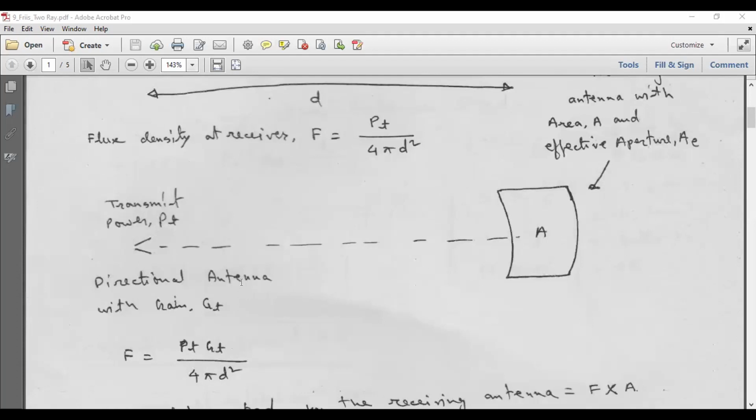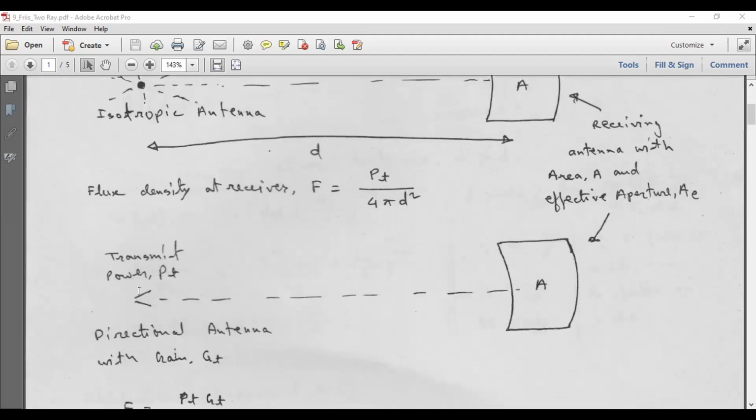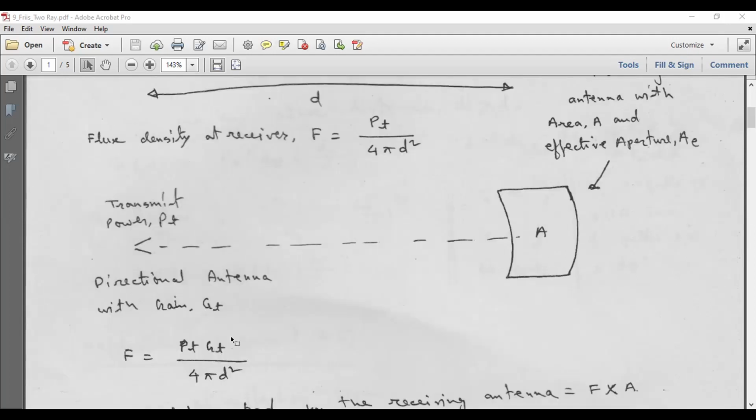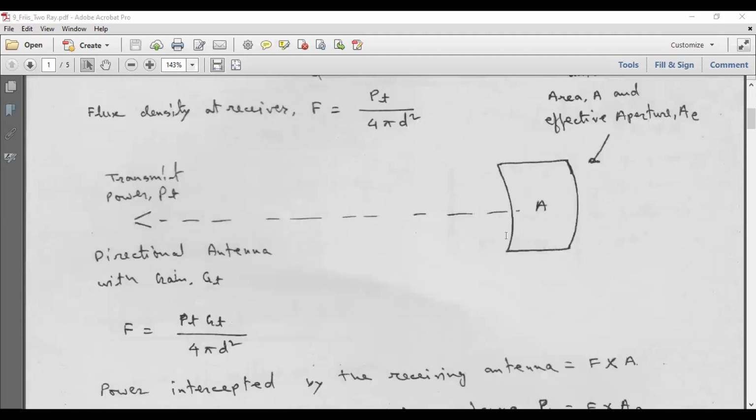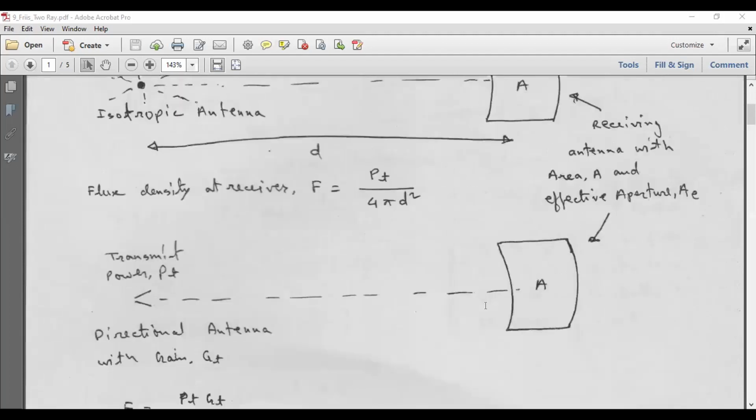Okay, so that directivity we call gain, right? I explained before. And on the transmitting side, it is GT. So multiply by GT. So this is the power we have here. So this is actually the power density, the power per unit area at the point of the receiver available in the air.